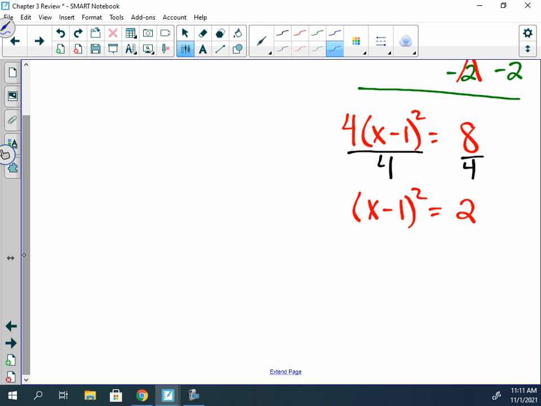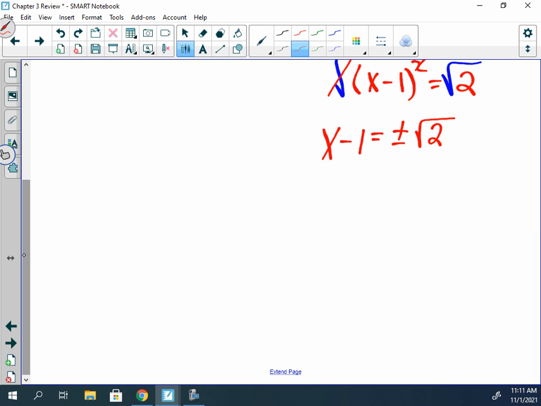Now, since we have the set of parentheses squared by themselves, we can square root both sides. So the square root and square would cancel out, which would leave us with x minus 1 is equal to plus or minus the square root of 2.